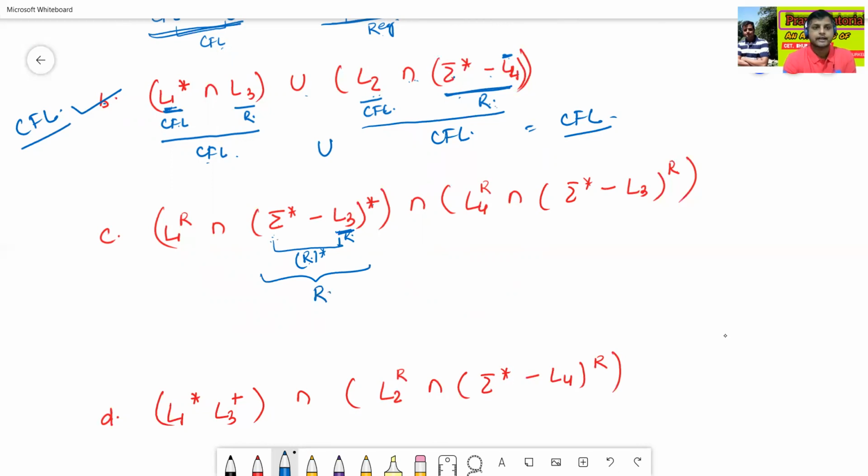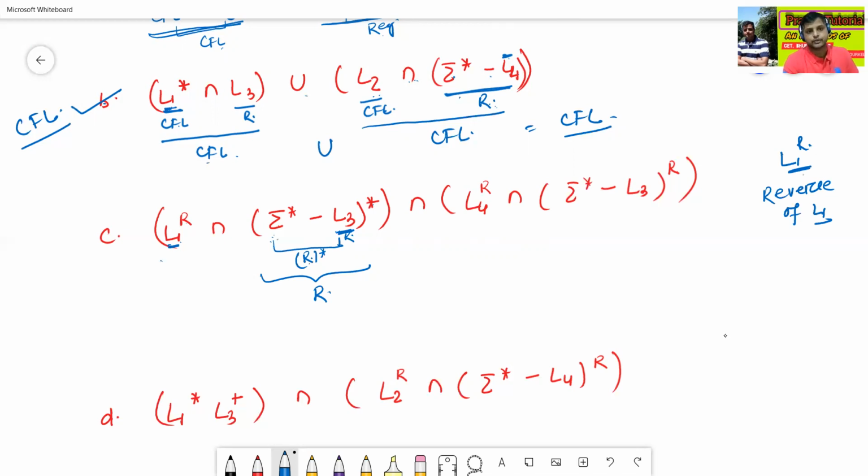And L1 is context-free. L1R is called the reverse of L1. Reverse of a context-free language is always CFL.